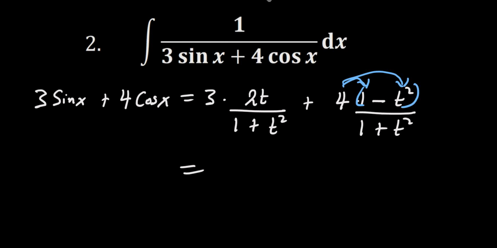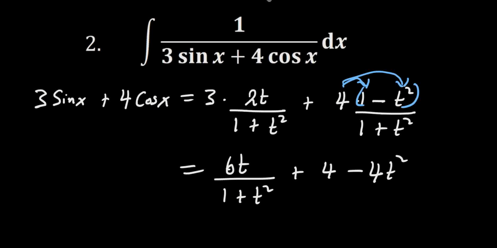So this will become 3 times 2t. This will give us 6t over 1 plus t squared plus 4 times 1 is 4, and 4 times t squared will give us negative 4t squared over 1 plus t squared.